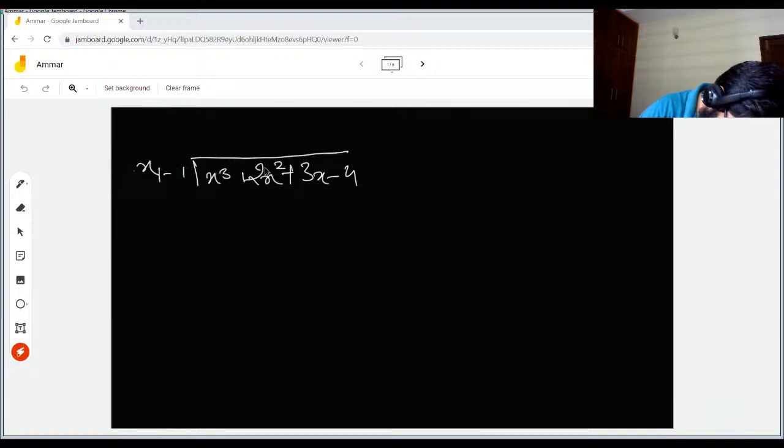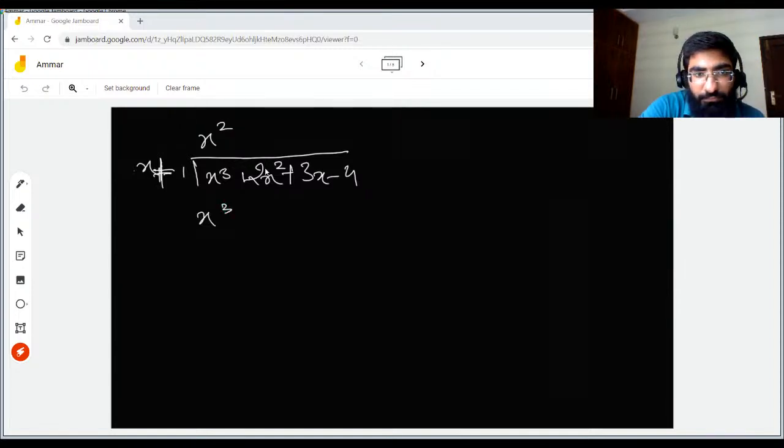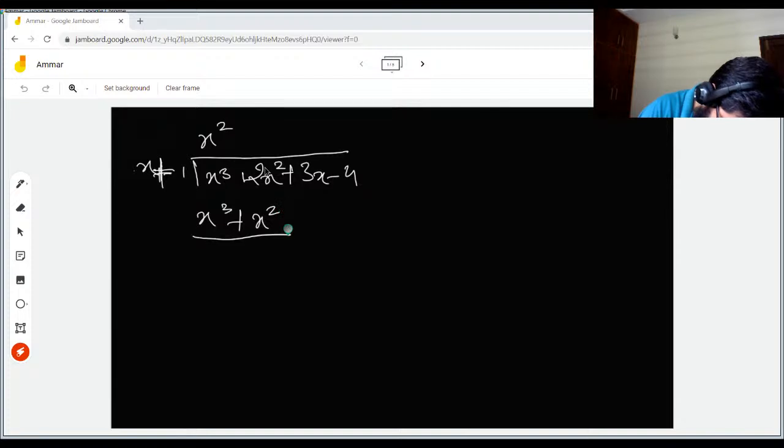x plus 1. Okay, so first I multiply x with x squared to get x cubed, and x squared times 1 gives plus x squared. The signs get switched. The remainder I have is x squared.